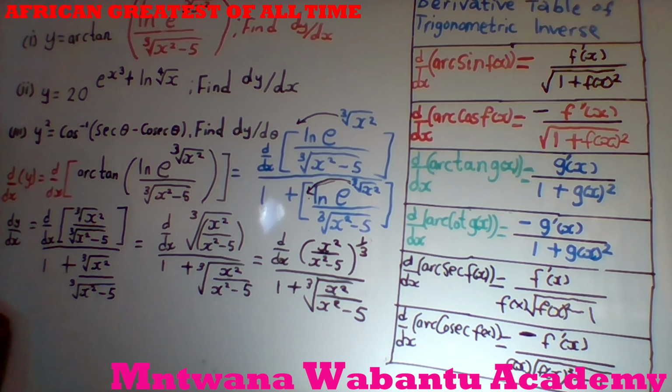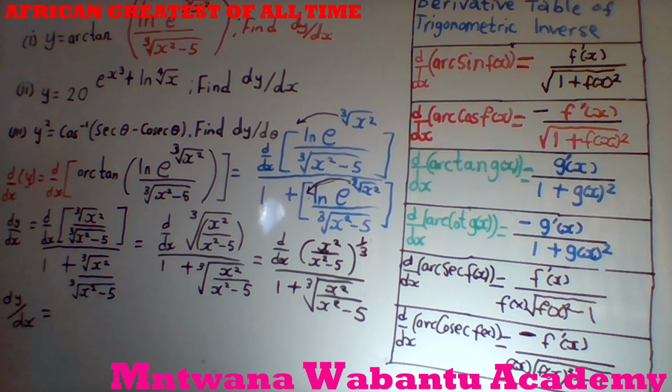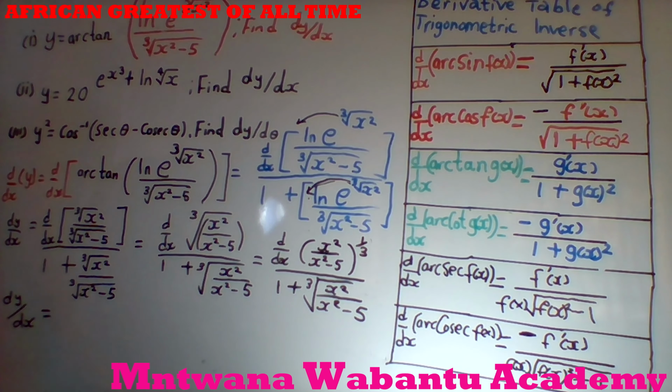So dy dx equals, excuse me, I think some people cannot see, dy dx equals, so I'm going to differentiate all the stuff there. If I differentiate all the stuff there, I can take this aside and differentiate here, and then write the answer back. So let me leave this and take this aside.